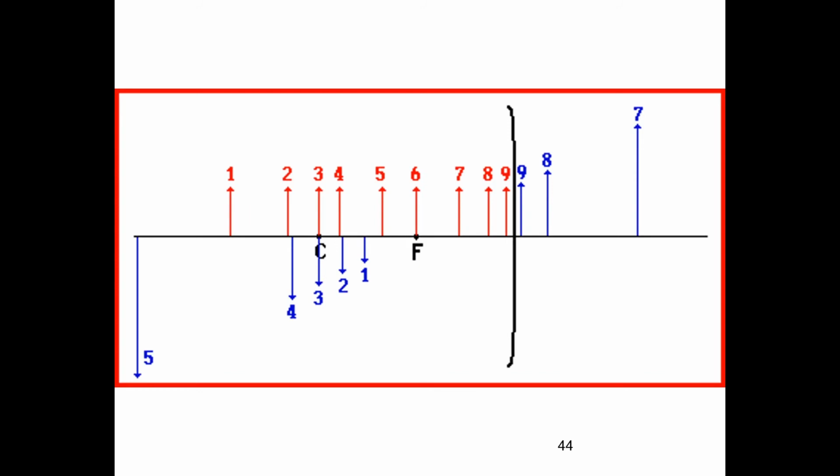Here's a summary of all the different types of image size you get. Again, the image is in blue, the object is in red. Depending on where you put the object will determine what kind of image you get.